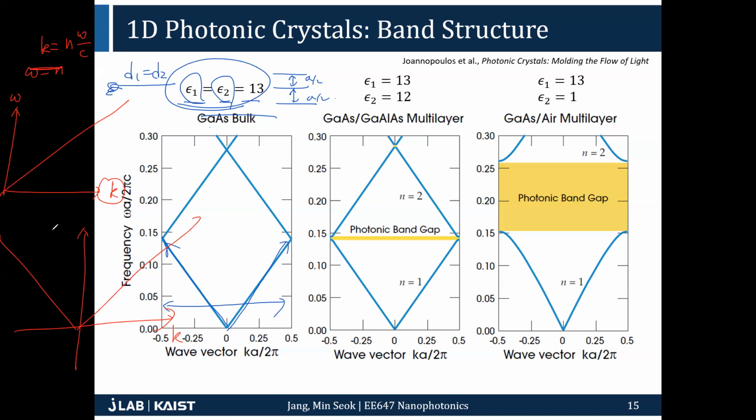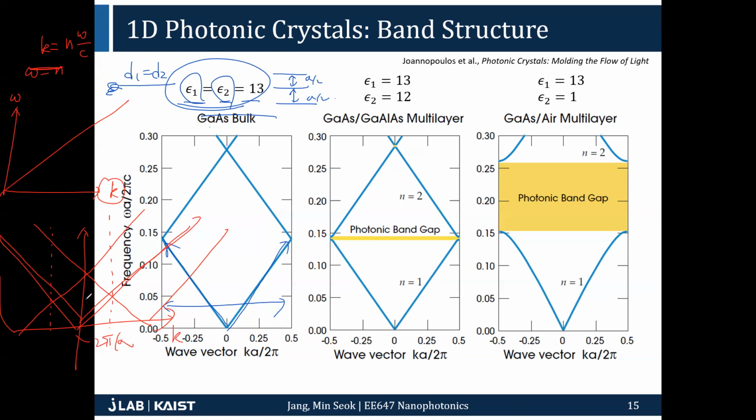But because we set our periodicity as a, this is our Brillouin zone, right? So what's happening is that the same thing is repeated every 2 pi over a.